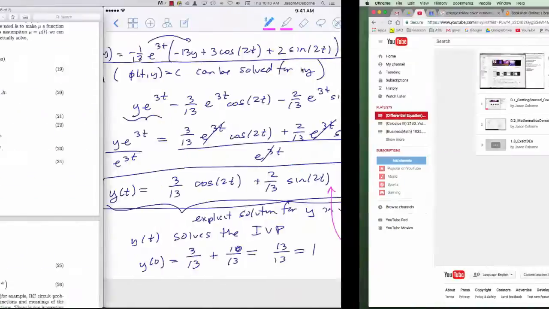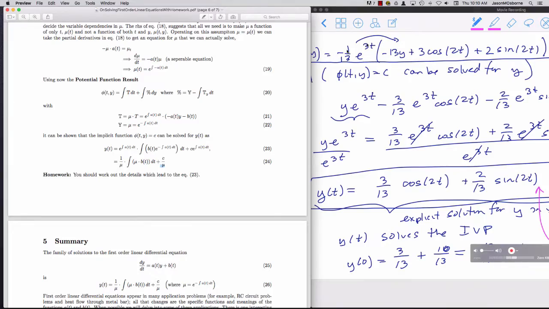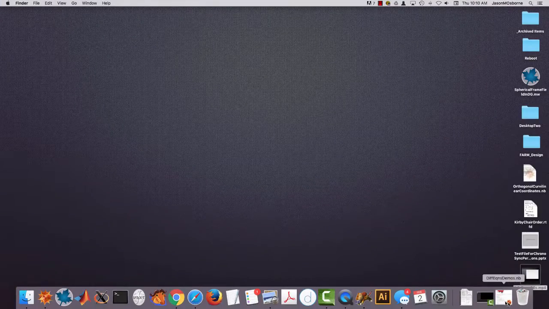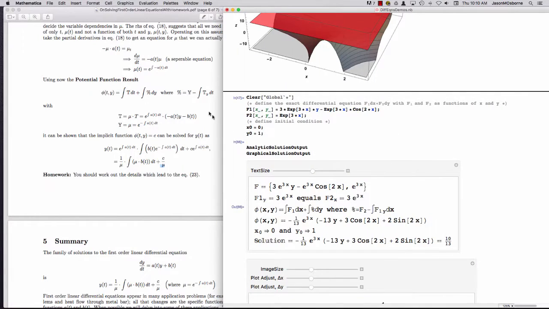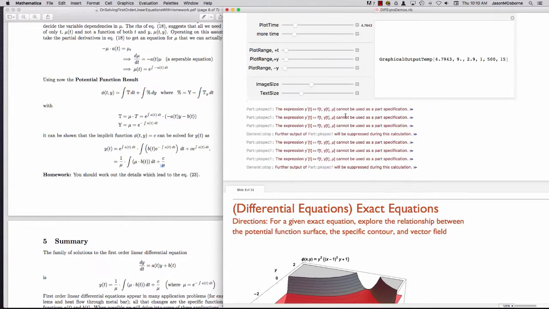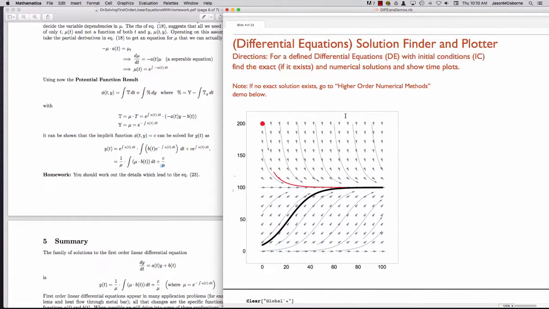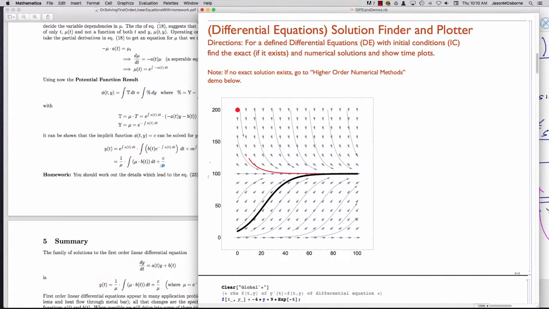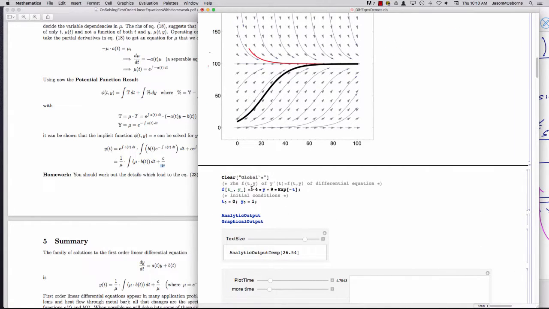One last thing I would say here, if you'd like to check your solution to this differential equation, you can go to the demos again, solution finder and plotter. You can put in this differential equation just all by itself. What did we say our differential equation was?